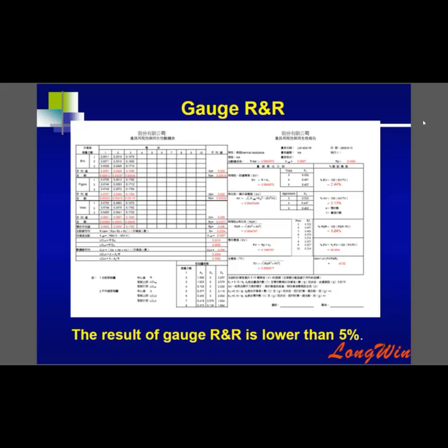In fact, customers of Longwing shared with us about their result, and we can conclude that the reproducibility and the repeatability of Team Tester from Longwing is around 5% of gauge R&R, which is pretty satisfying. In general, if the gauge R&R can be lower than 10%, it can be considered as a good apparatus.